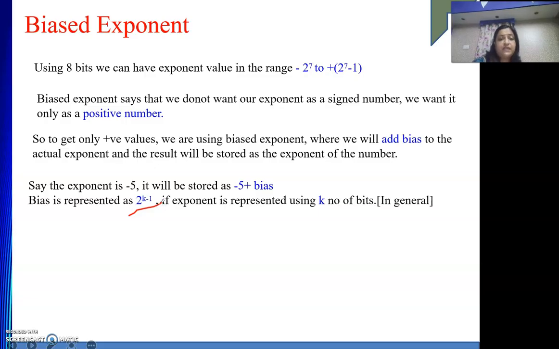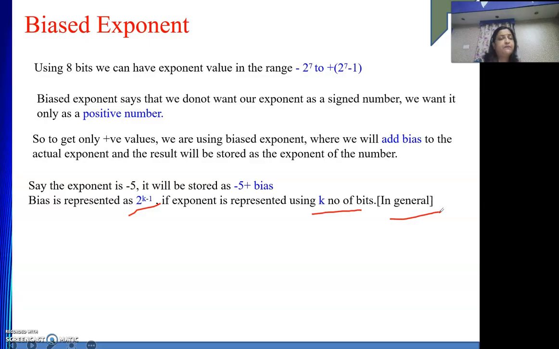And if the exponent is represented using k number of bits in general, right? So what we are going to do, we are going to use the bias exponent. And why are we using the bias exponent? We want to store our exponent only as a positive number, and there is also a benefit associated with that. If we compare two floating point numbers, then if their sign is the same, the comparison becomes easier and the operation will become faster.